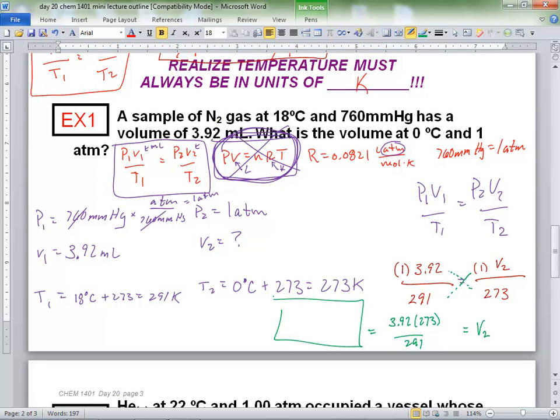What did you get? 3.68, around 3.7. Here, around 3.7. So Erica agrees. And the units have to be what? Milliliters.